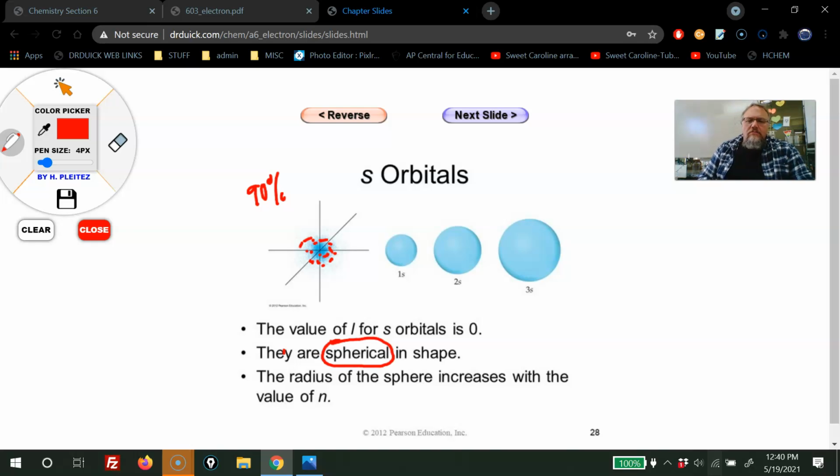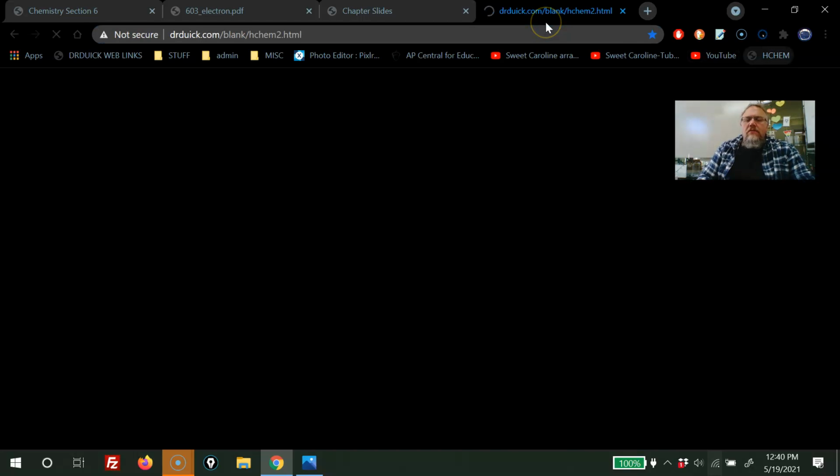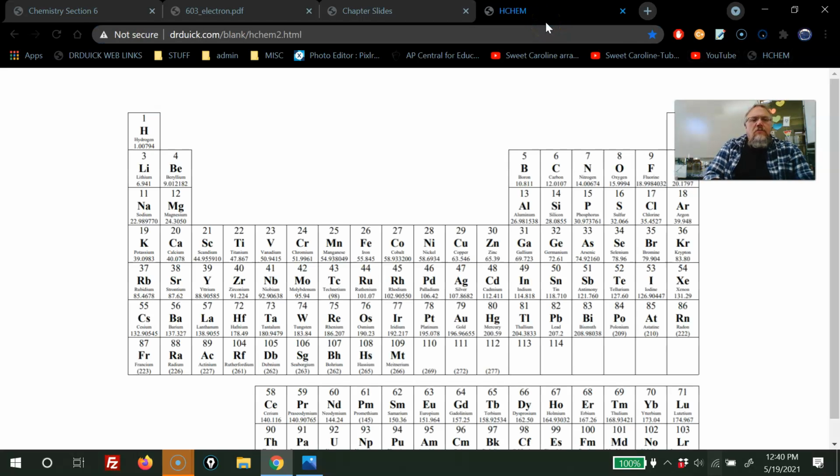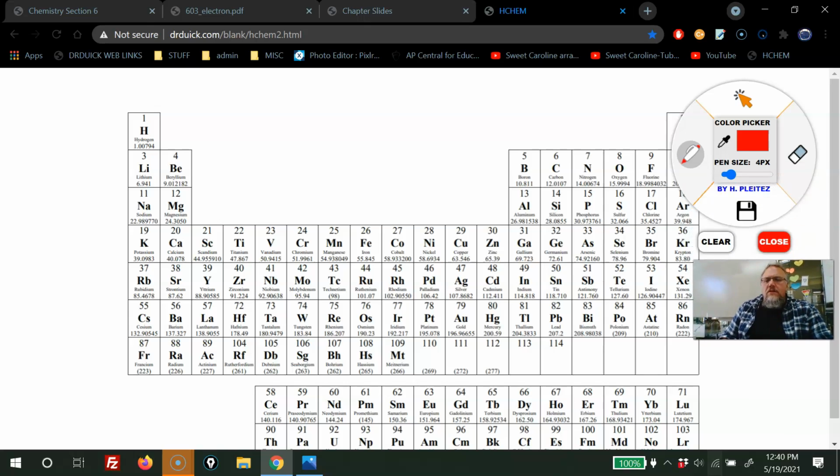Now, see these numbers, 1s, 2s, 3s? I'm going to pull up a periodic table for you to see. They are denoted on the sides of the periodic table. This is 1, the second quantum number, the third, then 4, 5, 6, and the last one is 7.